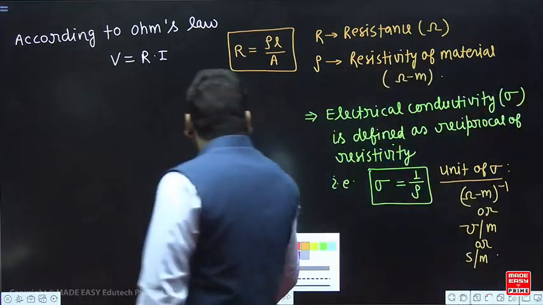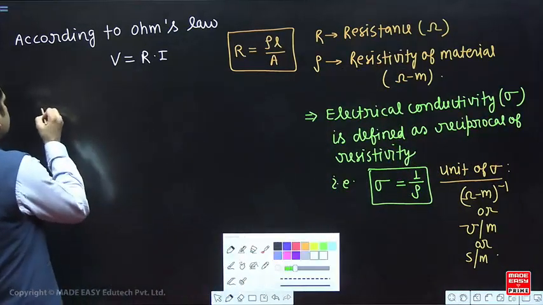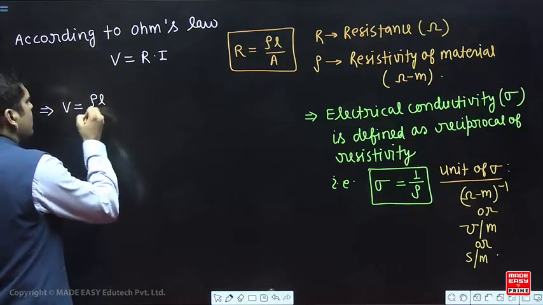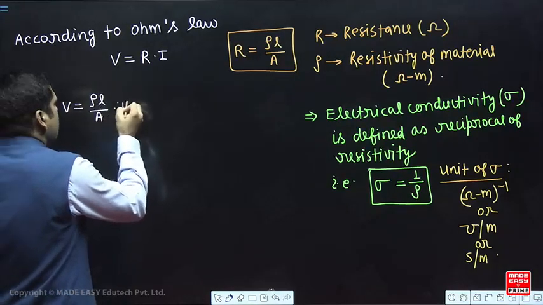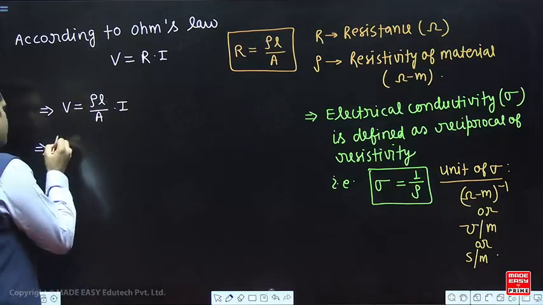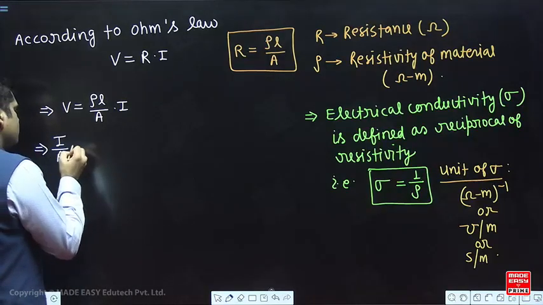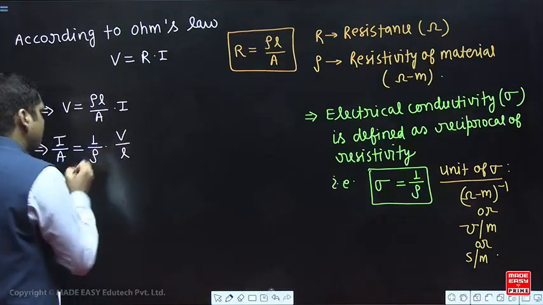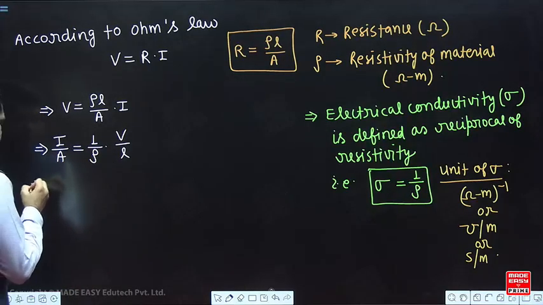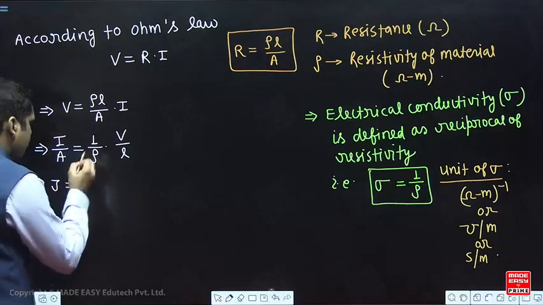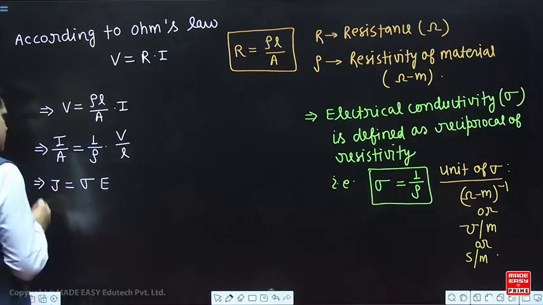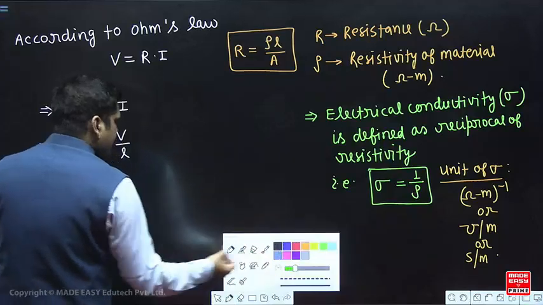Now if I put this value of R, V is equal to rho L upon A into I. So we will be having I upon A equal to 1 upon rho into V upon L. I upon A is J, 1 upon rho is sigma, and V upon L is E. This all we have defined.